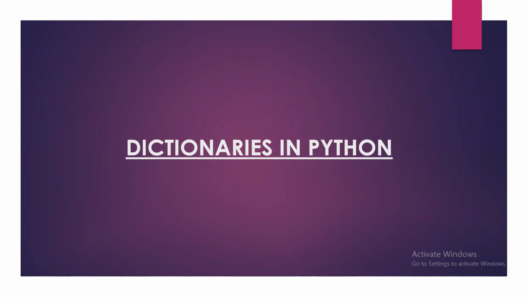In the last video, we completed lists in Python. We saw how we can create a list. We saw how we can obtain specific elements of a list by using its index number. We saw how we can access a list based on zero-based indexing and negative indexing.